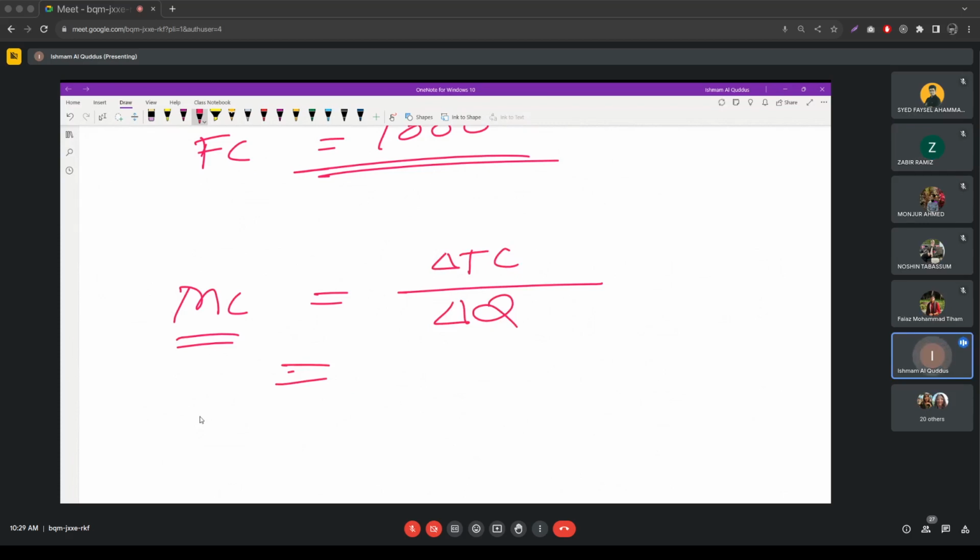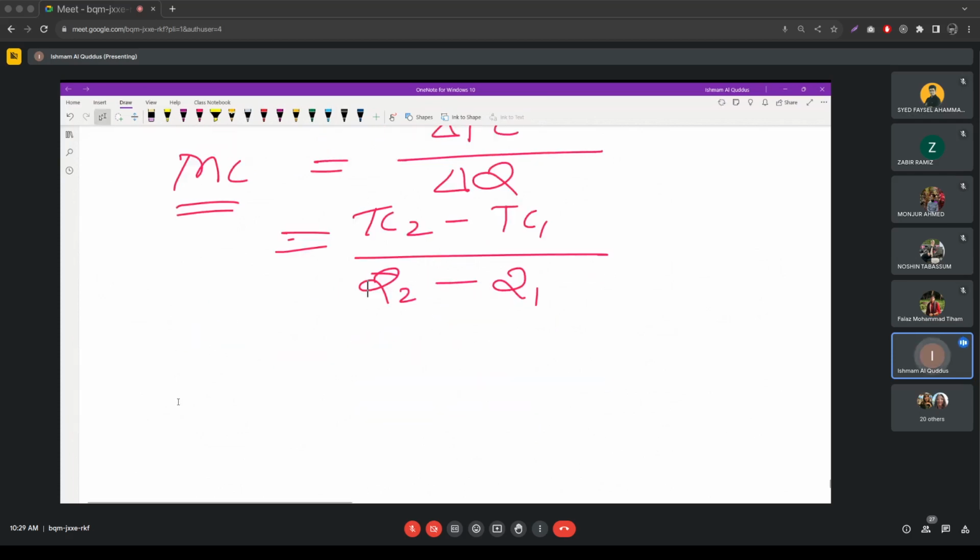So the change in total cost divided by the change in quantity. So how much more cost I have to incur because I have increased my production. So that's the marginal cost factor. So this is the marginal cost.